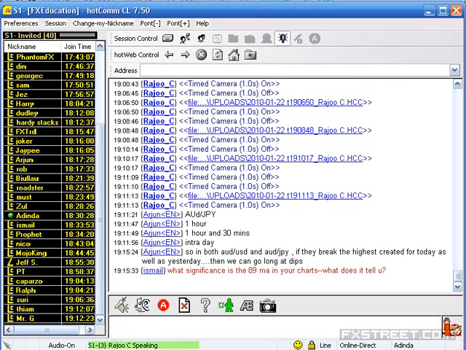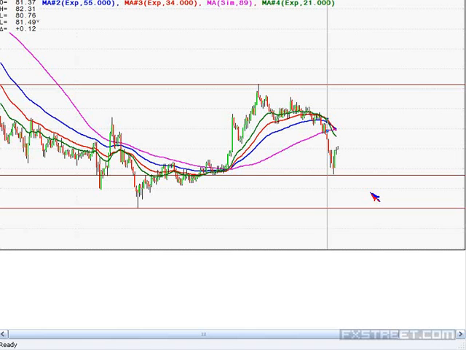Okay, the question is, if both Aussie US and Aussie yen break the highs created for today as well as yesterday, do we go long at dips, right? See, that's why I told you early on, it depends what kind of trader you are. Because at the end of the day, a lot of people become successful or become failures not because they do not understand the market.